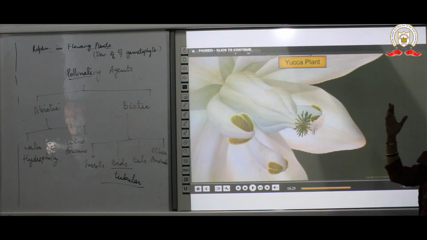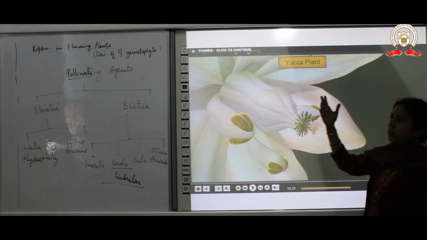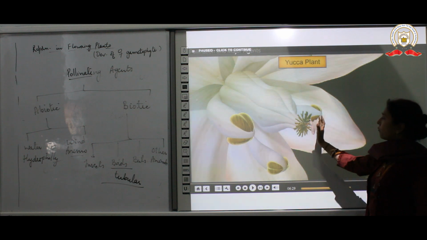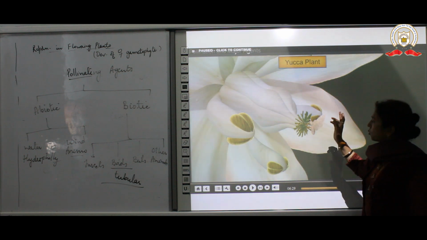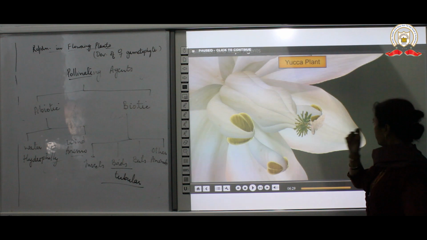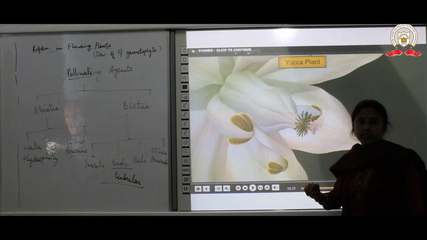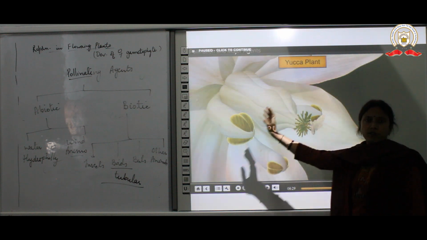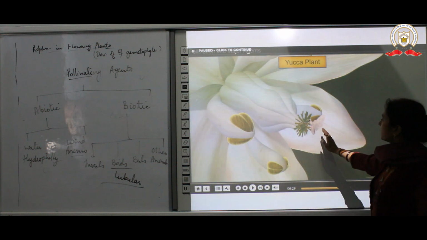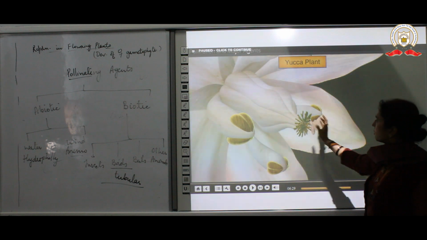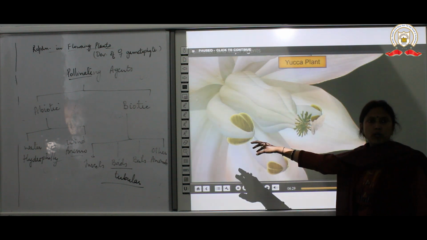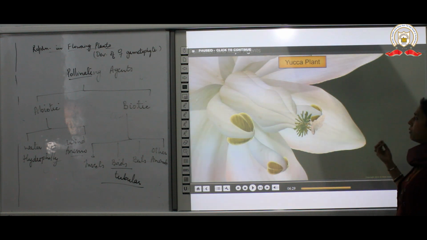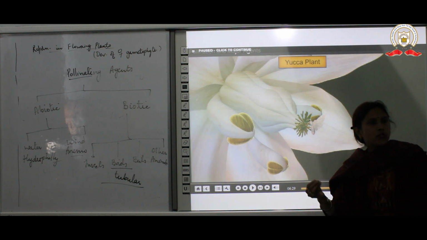Now these flowers have a very good relationship with some of the insects. Like in the case of the yucca plant, it is always pollinated by a moth. The two have a relationship in which they cannot survive without each other, because the moth helps in the transfer of pollen grains, and the moth lays its eggs inside the yucca plant, and as the seeds start growing, the larvae come out, so they do not cause any damage to the plant.